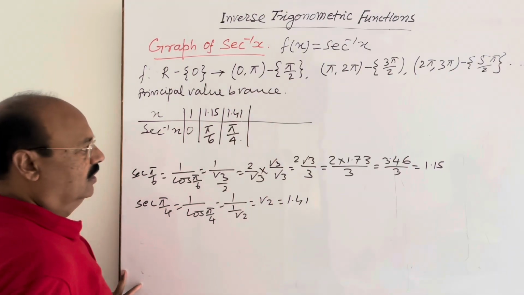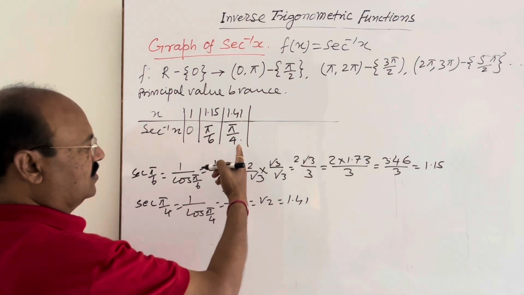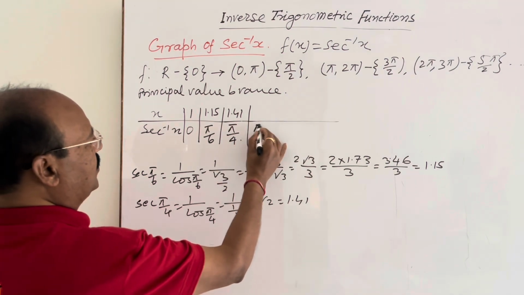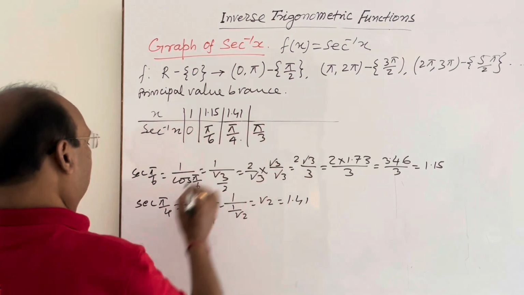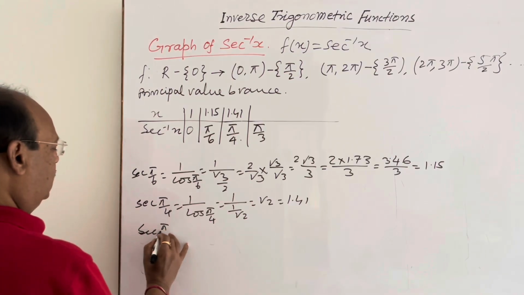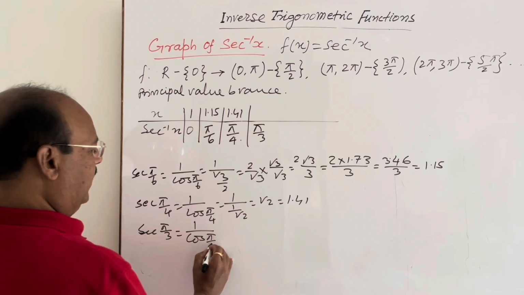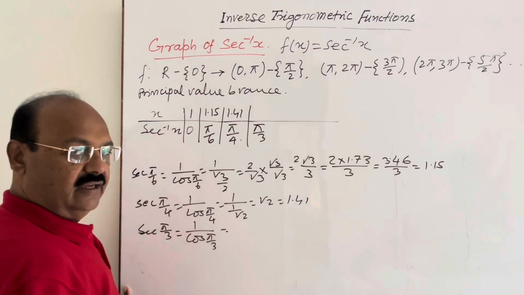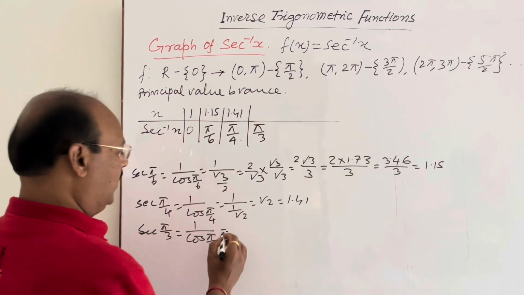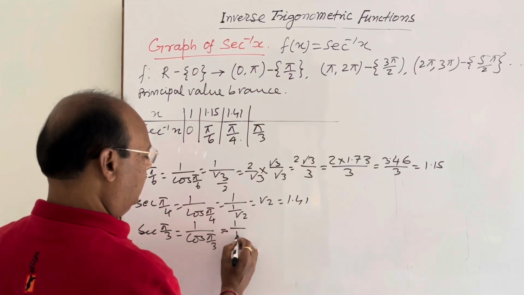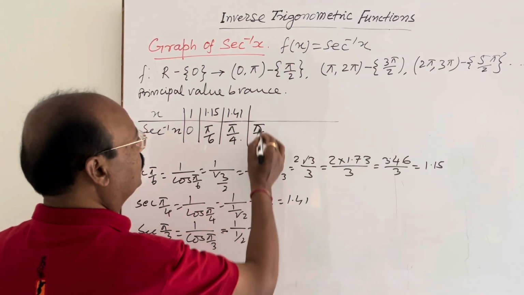Correct? Now we have to take 60 degree. 60 degree means pi by 3. So sec of pi by 3 means 1 upon cos of pi by 3, and cos 60 degree is equal to 1 by 2. So this is 1 by 1 upon 2, this is equal to 2.